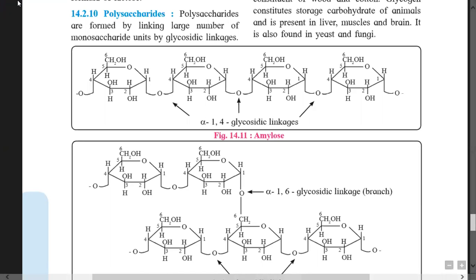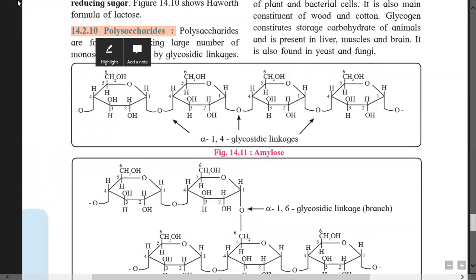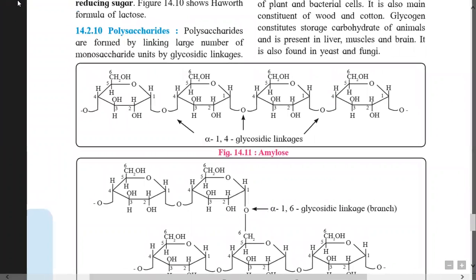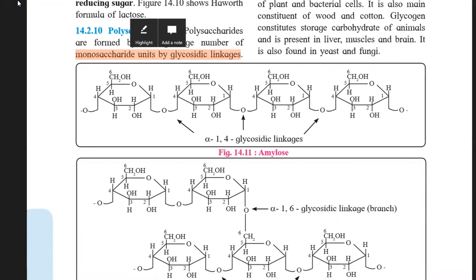What is a polysaccharide? We know a polysaccharide is a carbohydrate which on hydrolysis gives a large number of monosaccharides, which are linked by glycosidic linkages.